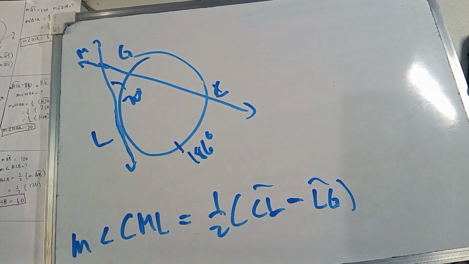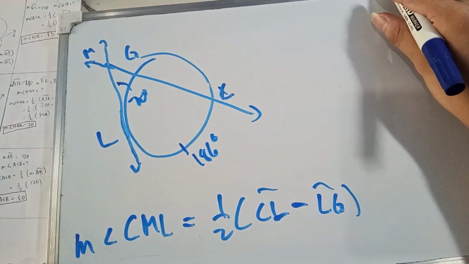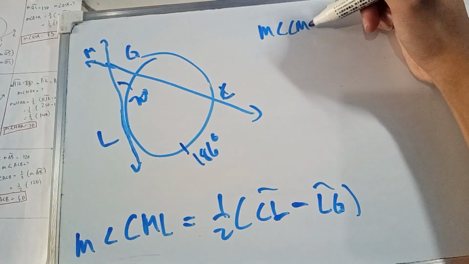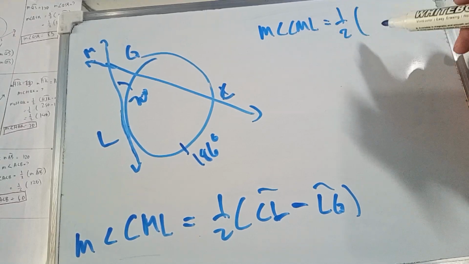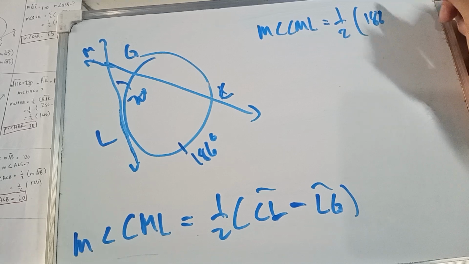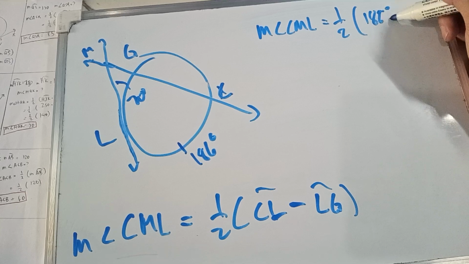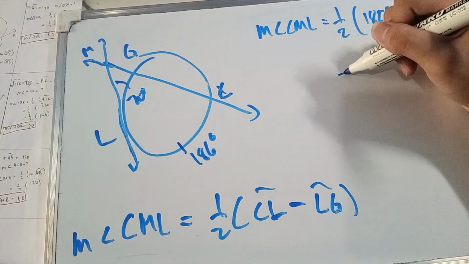Okay, so let's find the value of angle CML. So the measure of angle CML is equal to 1/2 of the bigger arc, which is 186, minus the smaller one, which is 70 degrees.